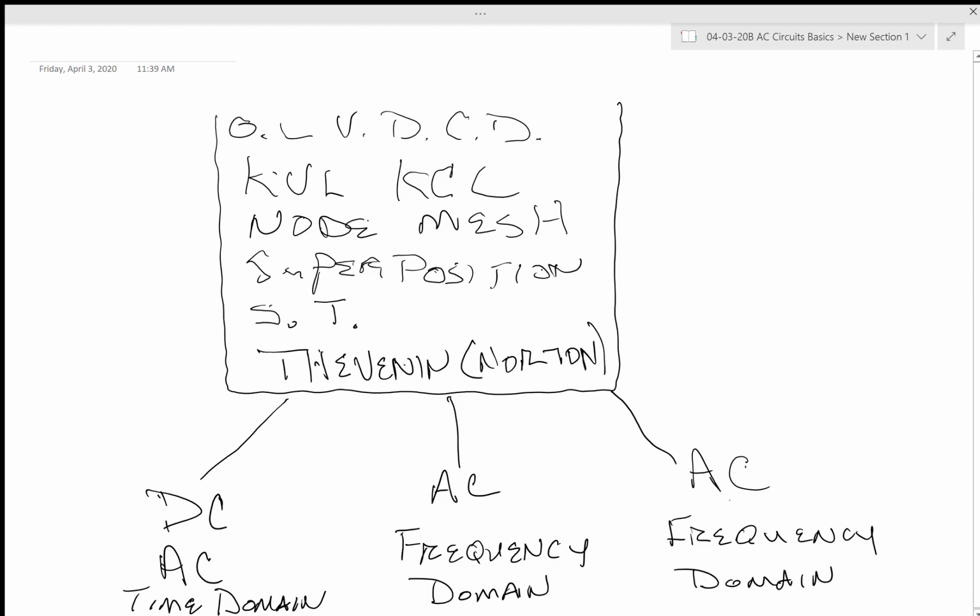AC, and this is RMS frequency domain. Okay, this is non-RMS, and this side over here on the right is RMS, which is what we want to use and make it easy.